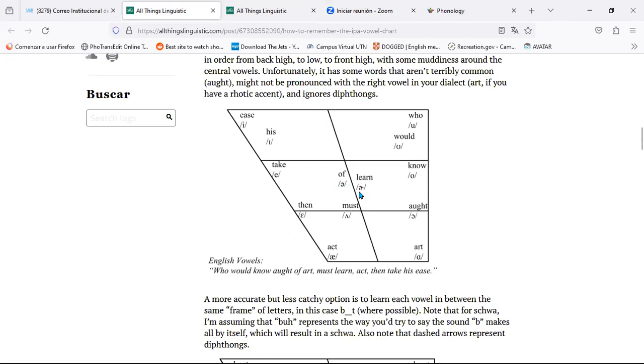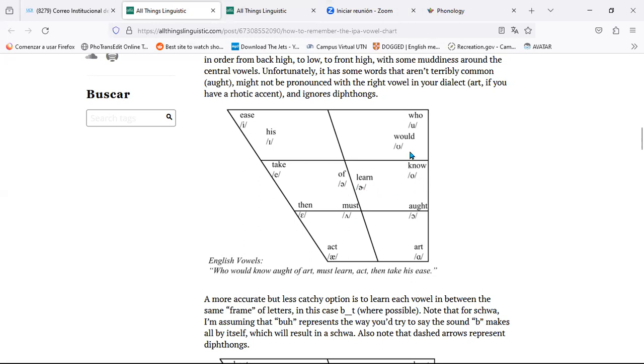And this one is a combination of a schwa plus an R. See that the sound is going to be a little bit different because it's learn. And this one, of course, is the typical schwa of "of", and it's of, since it's a modal verb, then its stress is must, but still.